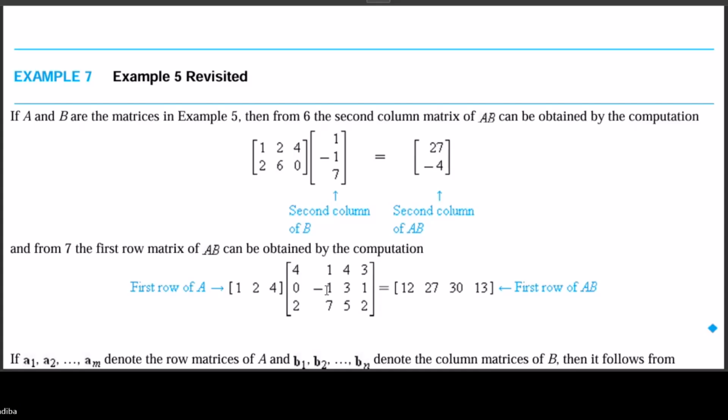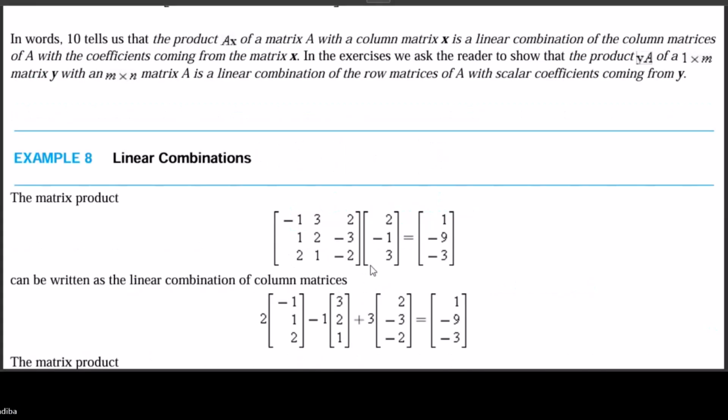Since the number of columns in the first matrix is equal to the number of rows in the second matrix, now, the matrix product. The first matrix has the entries minus 1, 3, 2, 1, 2, minus 3, 2, 1, minus 2.